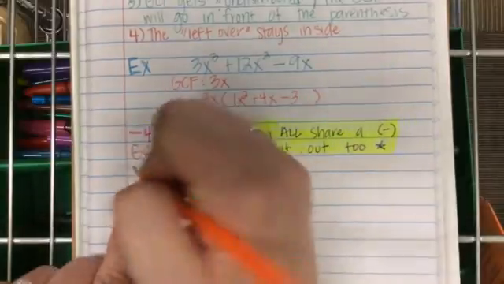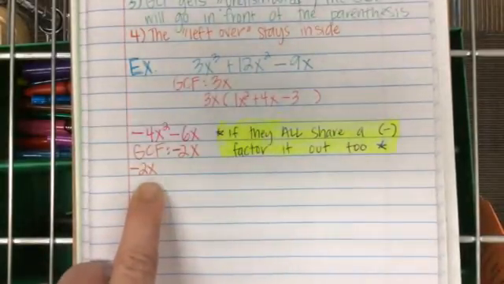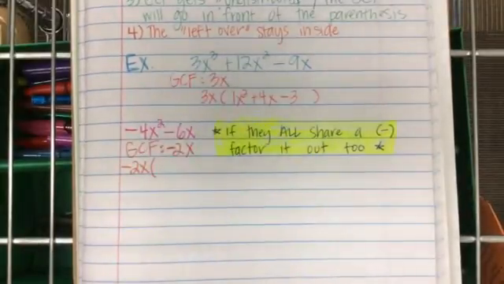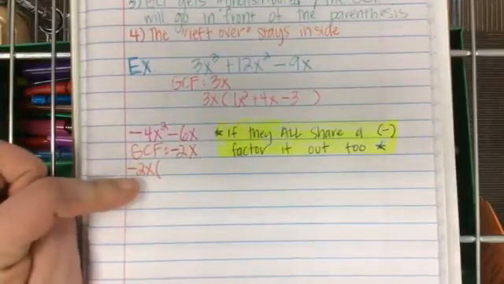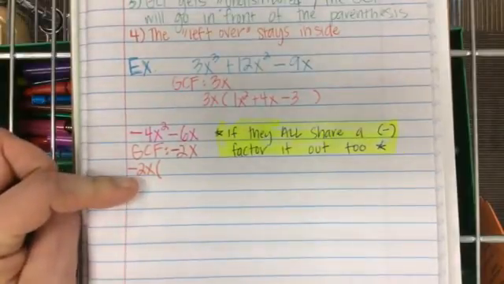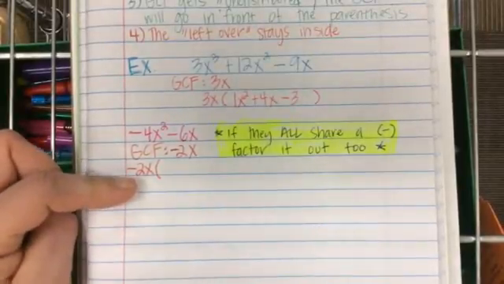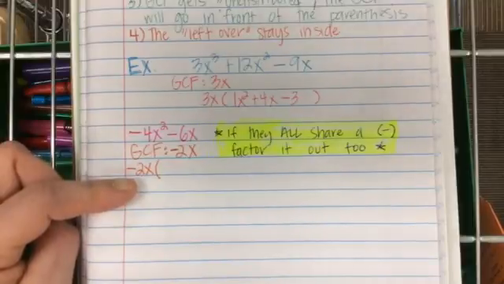Okay, so the greatest common factor goes in front, negative 2x. And what's left over stays inside. So what's negative 4 divided by negative 2? Negative 4 divided by negative 2. 2.